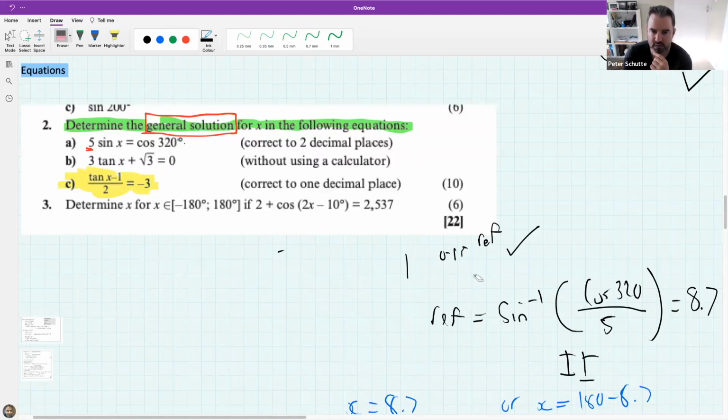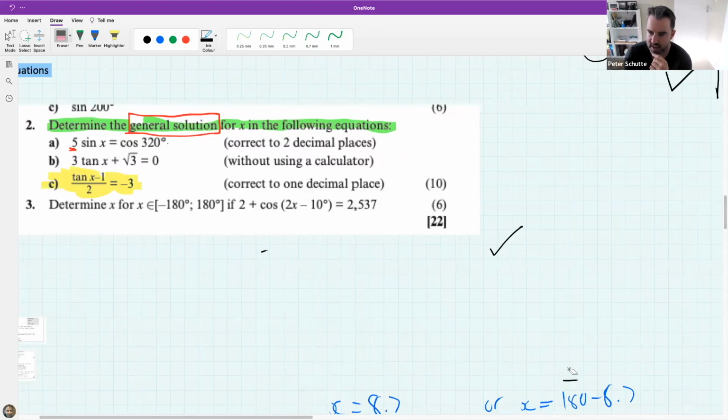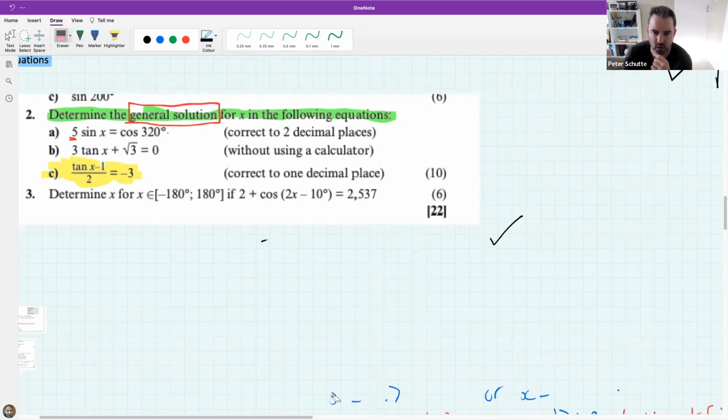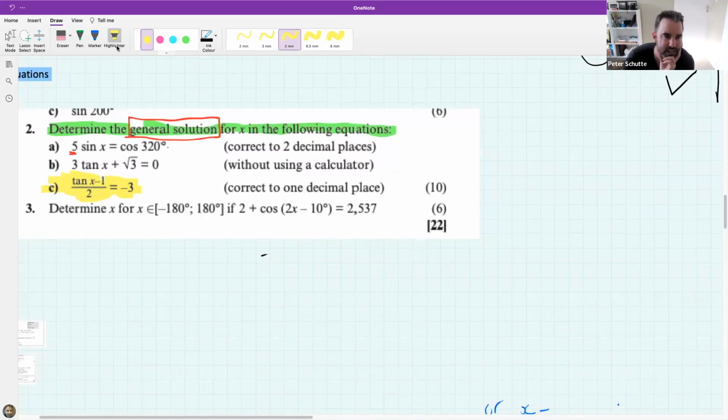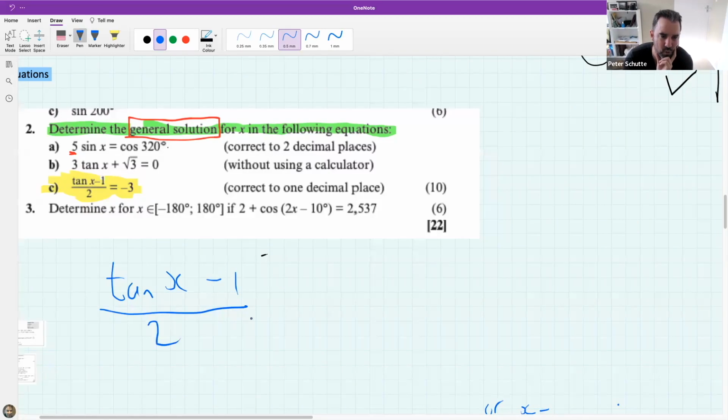And we can give each other help or tips in the chat, or someone can raise their hand if they want to ask a question. But for now, we're trying to solve the trig equation (tan x minus 1) over 2 equals minus 3. We're trying to solve that for its general solution. See what you can do.